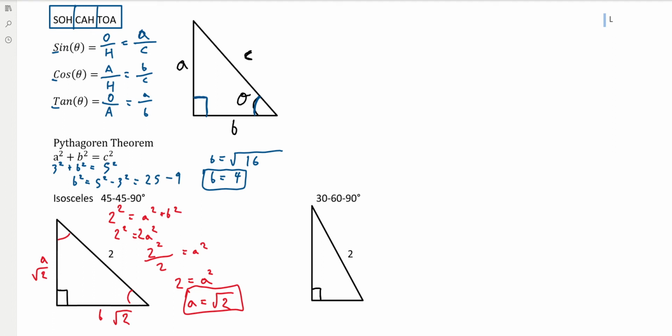And the other side is this, these are both special triangles. This special triangle is the 30, 60, 90 triangle.